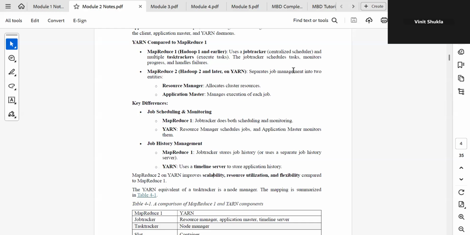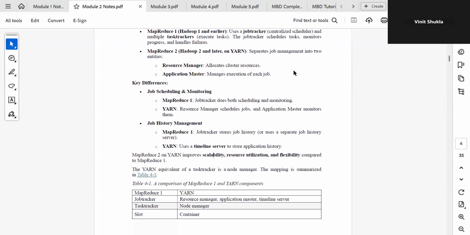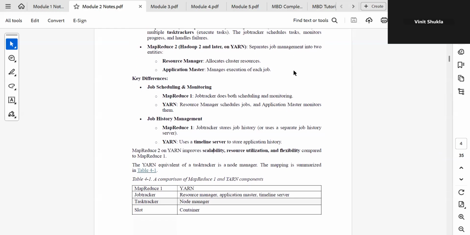For job history and management, in MapReduce 1 the job tracker stores job history or uses a separate job history server, and YARN uses the timeline server to store the application history. MapReduce 2 on YARN improves scalability, resource utilization and flexibility compared to MapReduce 1, right?